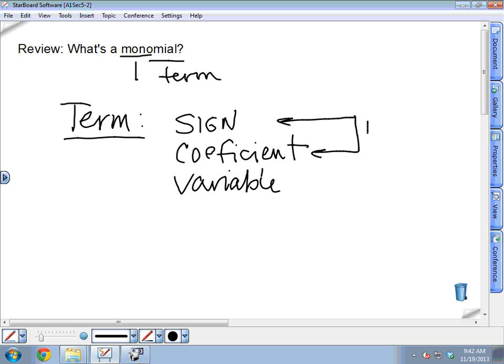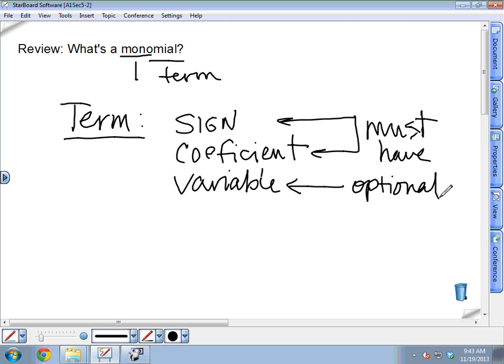These must have. This little guy right down here, he's optional. If I only have the sign and the coefficient, it's called a constant term.